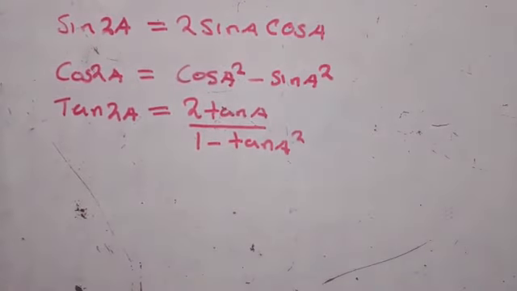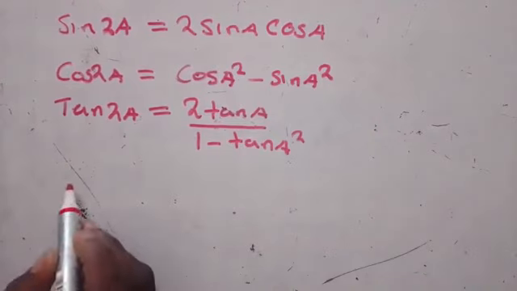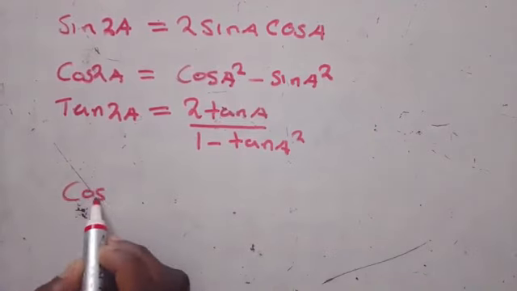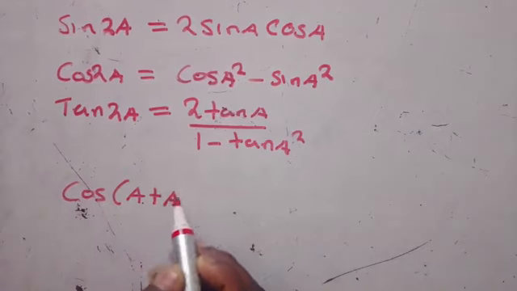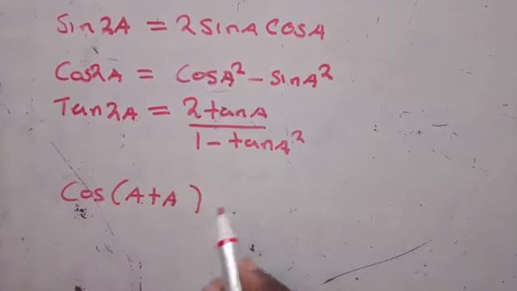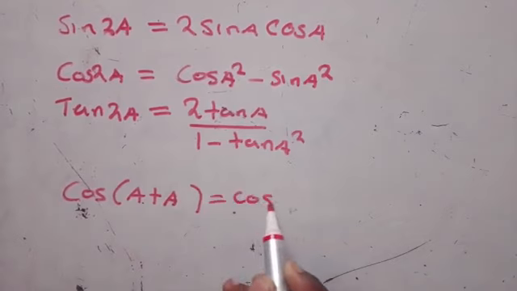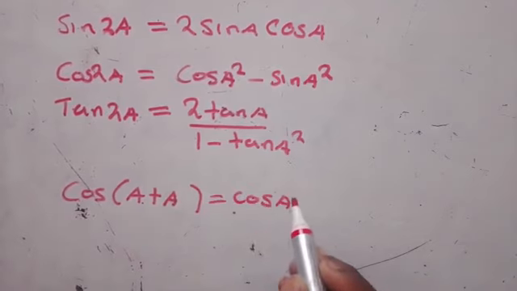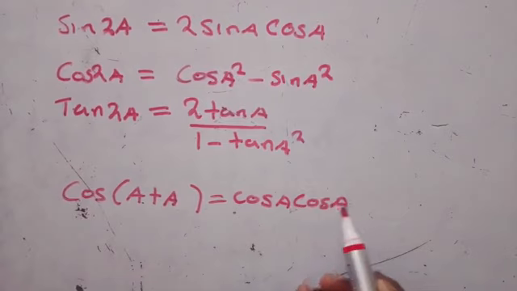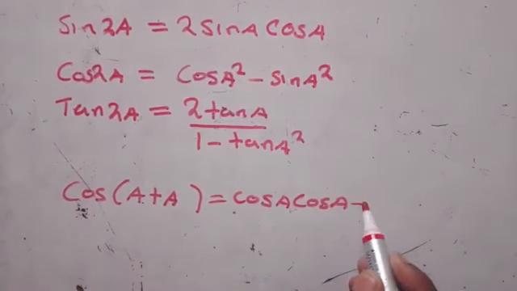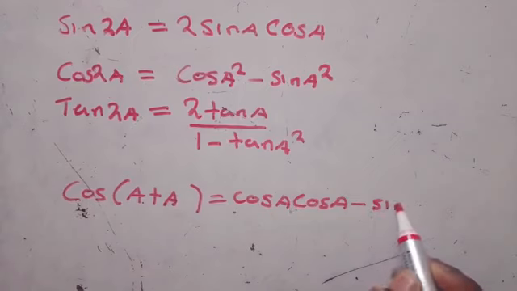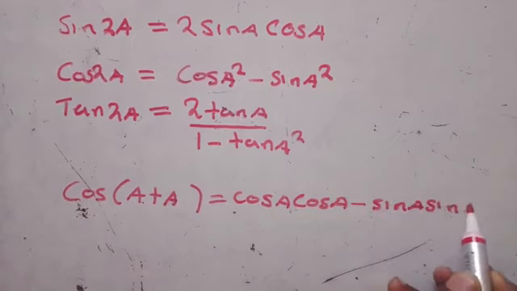Let's now look at cos 2a. Cos 2a is the same as cos a plus a, which will give us cos a cos a. For cos, we multiply this by this: cos a cos a minus sine a sine a.